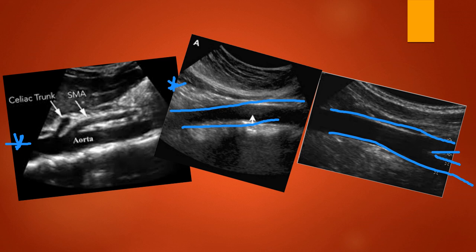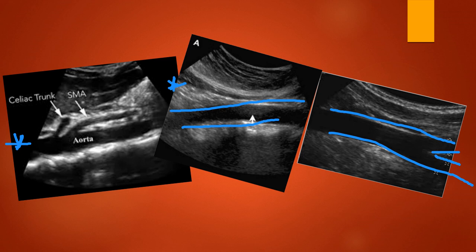And then look how close the SMA comes off just distally to it, just closer to the patient's feet, right? So very easy to be confused for one or the other, especially in a patient that has them this close together. So I'm sure we'll see a few of these when we start scanning in lab, and we'll be able to identify the difference between the two.